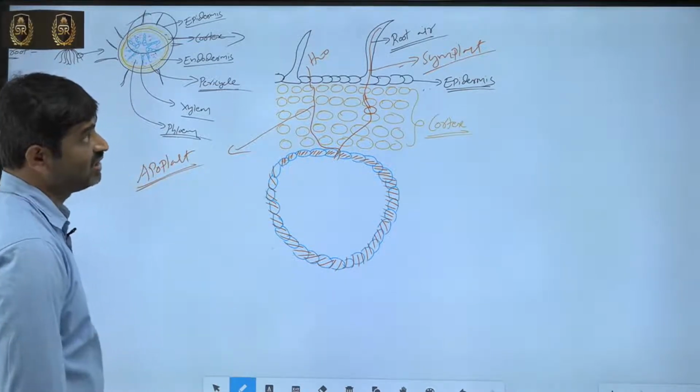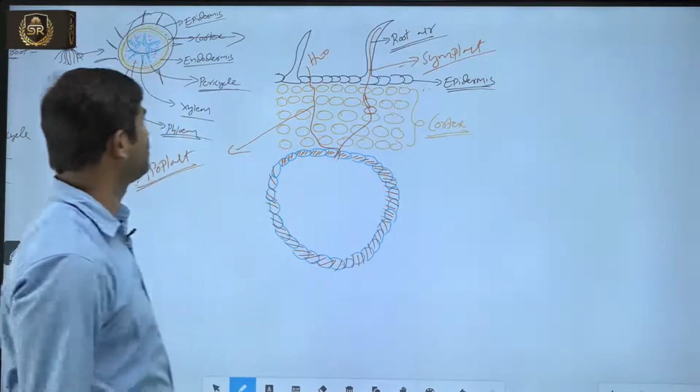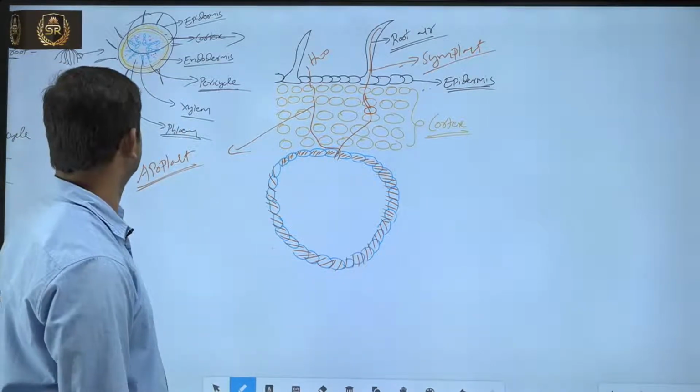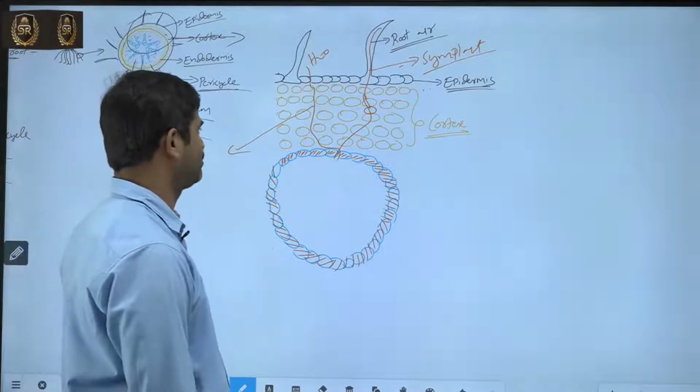Apoplast transport is non-living transport. Symplast transport is living transport.